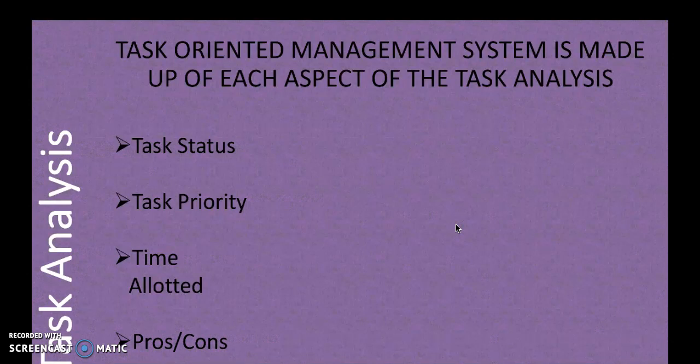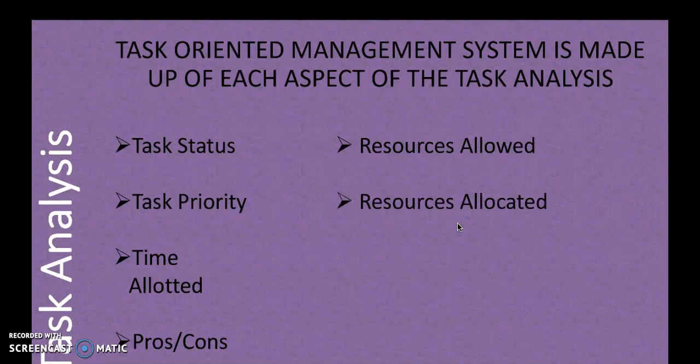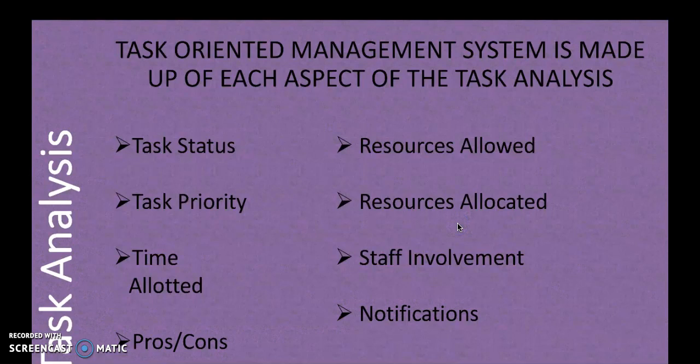Cons: time-consuming, changes the way employees and management view and perform the job, and the resources allowed to use to conduct the task analysis. Resources allocated to perform the task analysis. Staff involvement in the task analysis. And notifications to management about task analysis status.